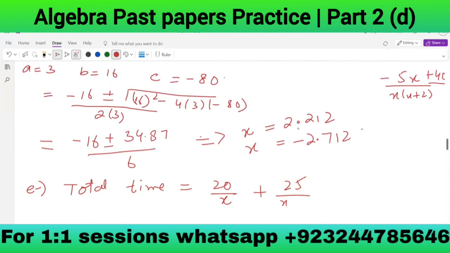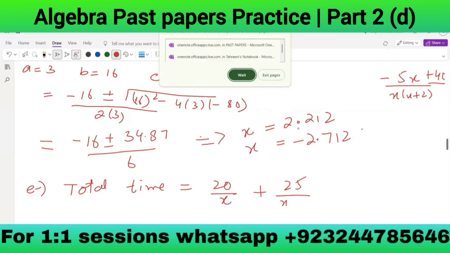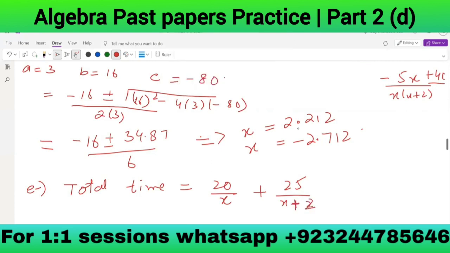So it would be 20 divided by 2.2 plus 25 divided by 2.2 plus 2. Have you checked it? What did you get? 22.45.